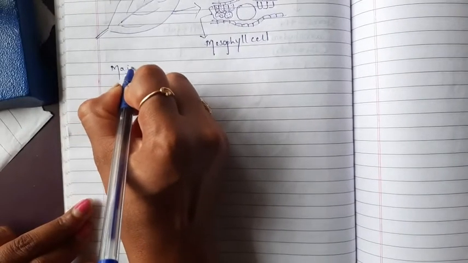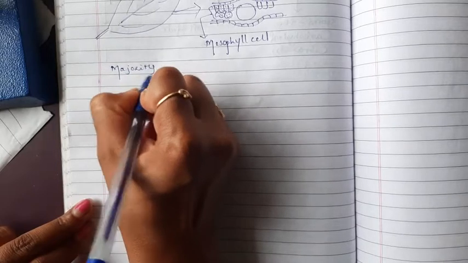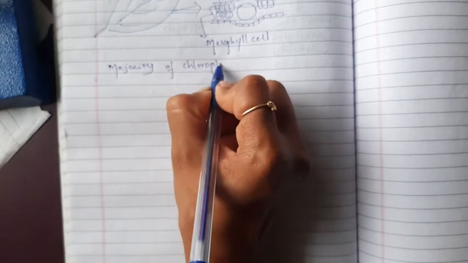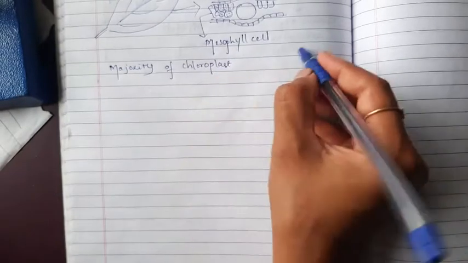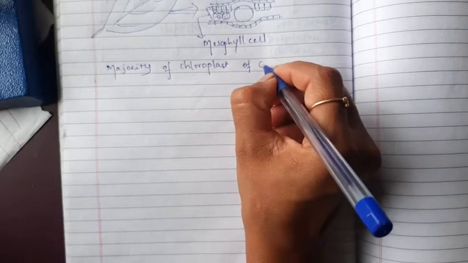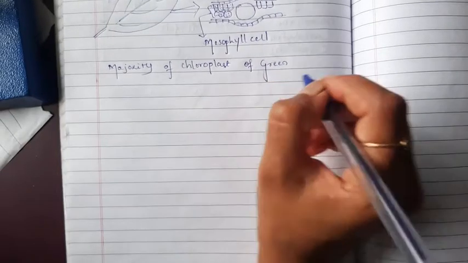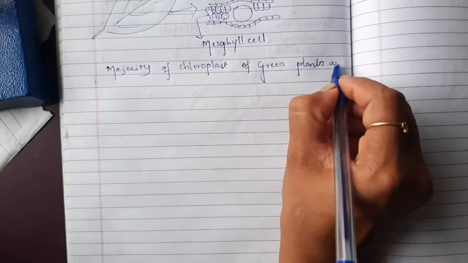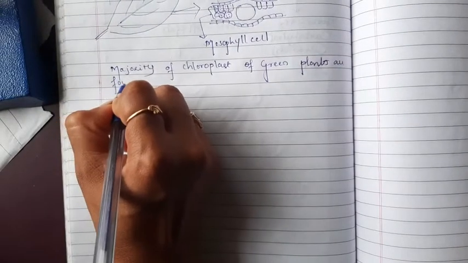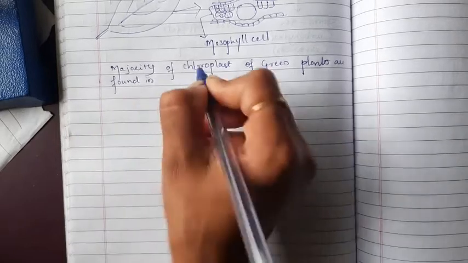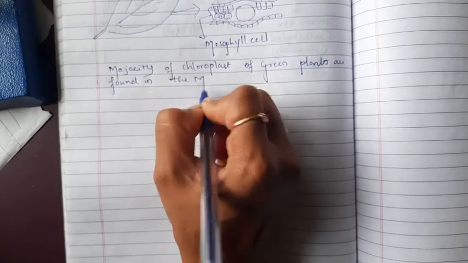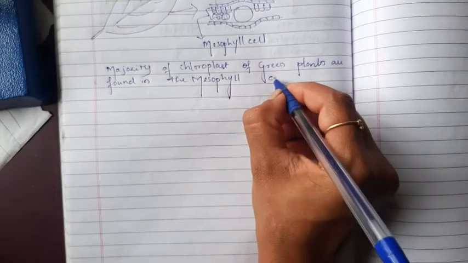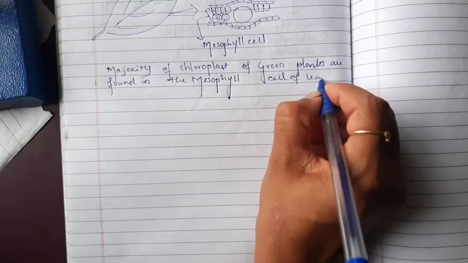Majority of the chloroplasts of green plants are found in the mesophyll cells of leaves.